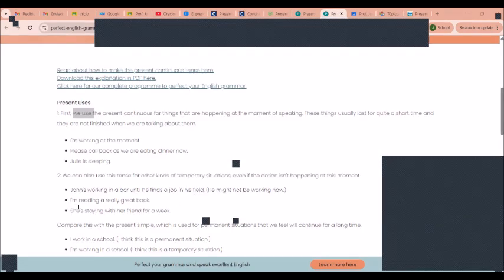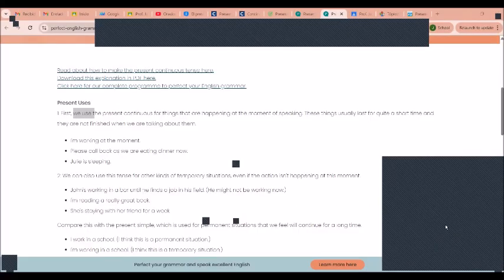I am reading a really great book. She's staying with her friend for a week. All right. Now, if you notice, these are not necessarily in the moment actions, but they are true over time in your present. So they attract the ing form as well.